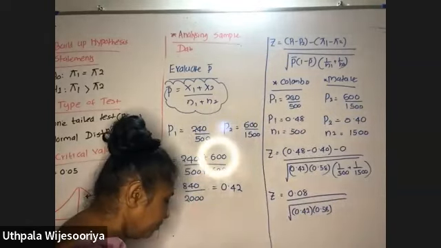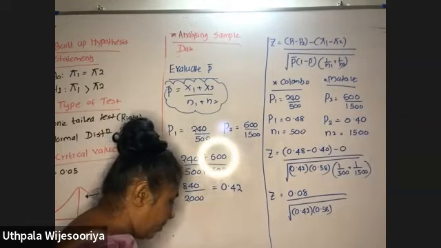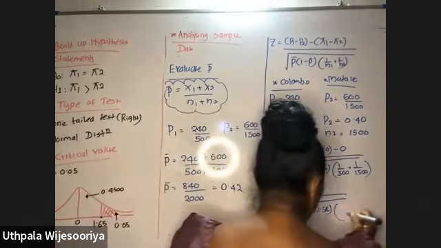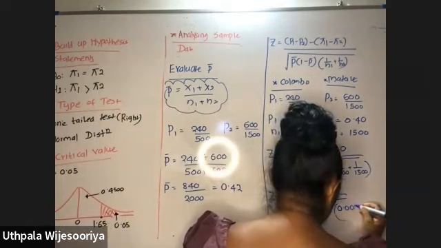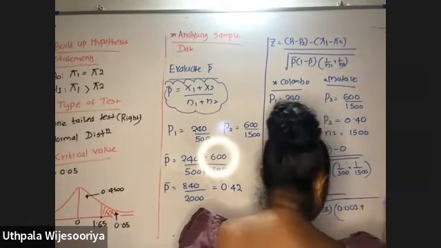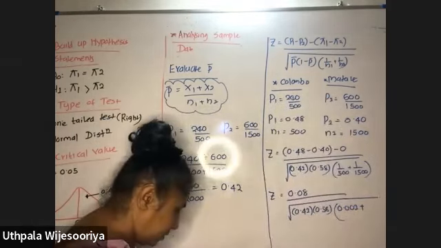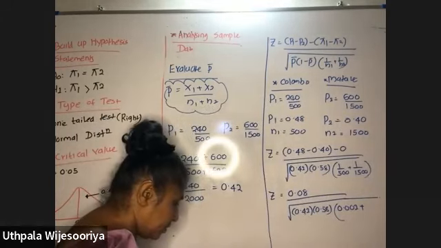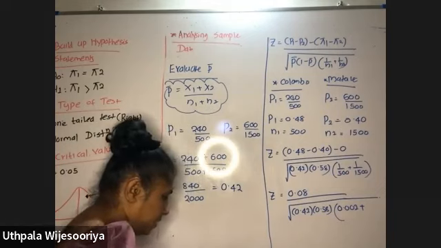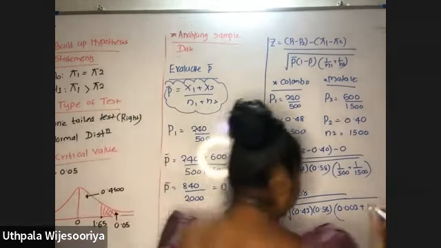As a decimal, that is 0.002 plus 0.0006.